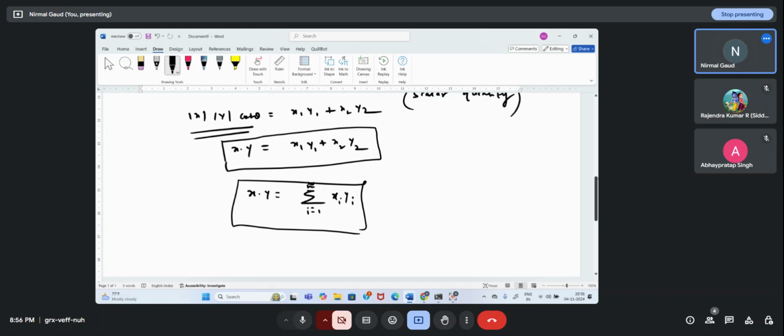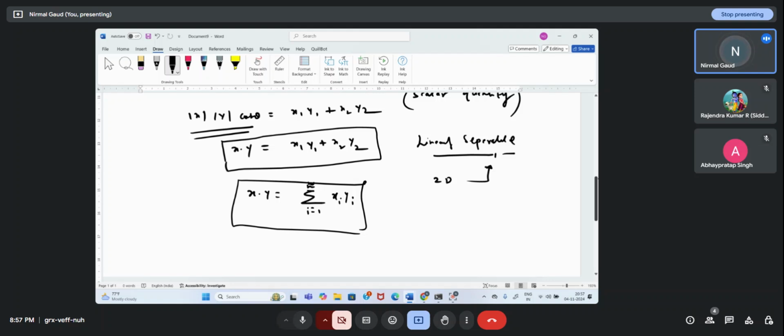Now, as I started with linearly separable, that means you require a line to divide 2D data. For your 2D data, you require a line to cut it.